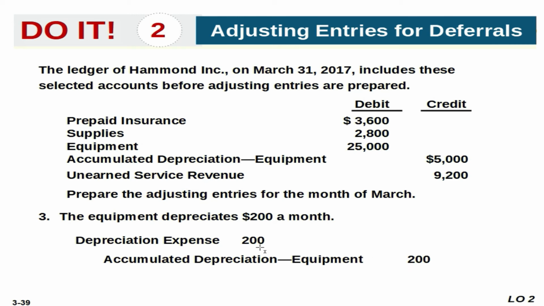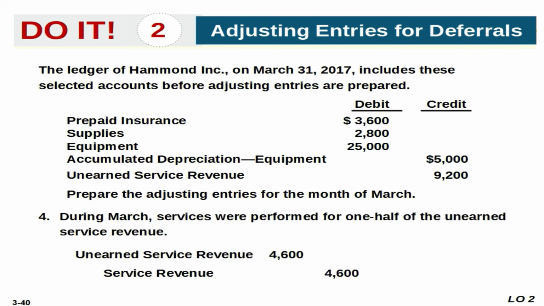Again, depreciation is an allocation of the cost of this asset as an expense over its useful life. Okay, great. So that's depreciation. If you have any questions on depreciation, again, ask, study.